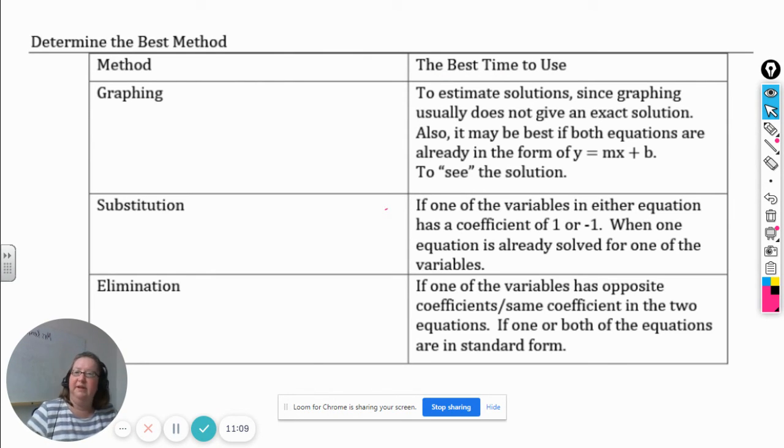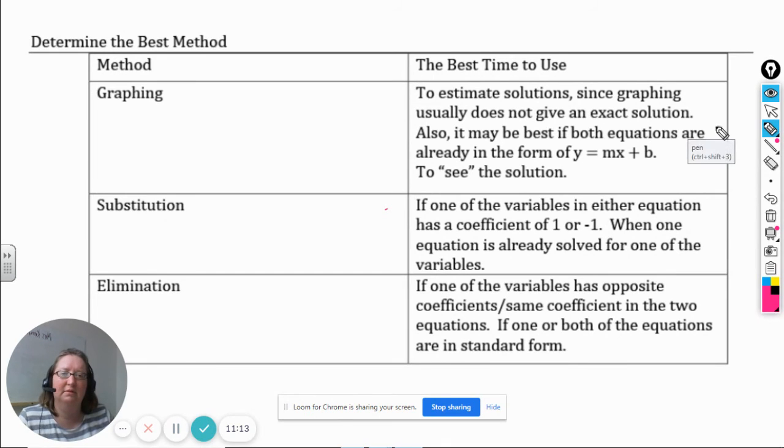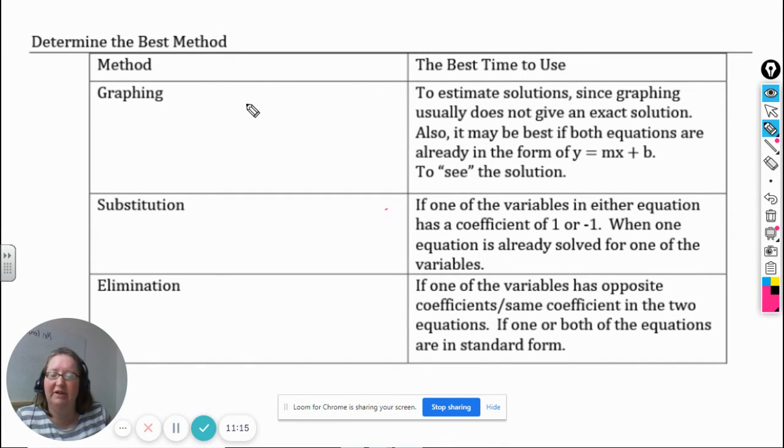Okay, so yeah, if you have two equations, it's a lot of writing here, but basically what it's saying is if you have two equations that are both written as y is equal to, then use the graphing method. You're already set up for it.